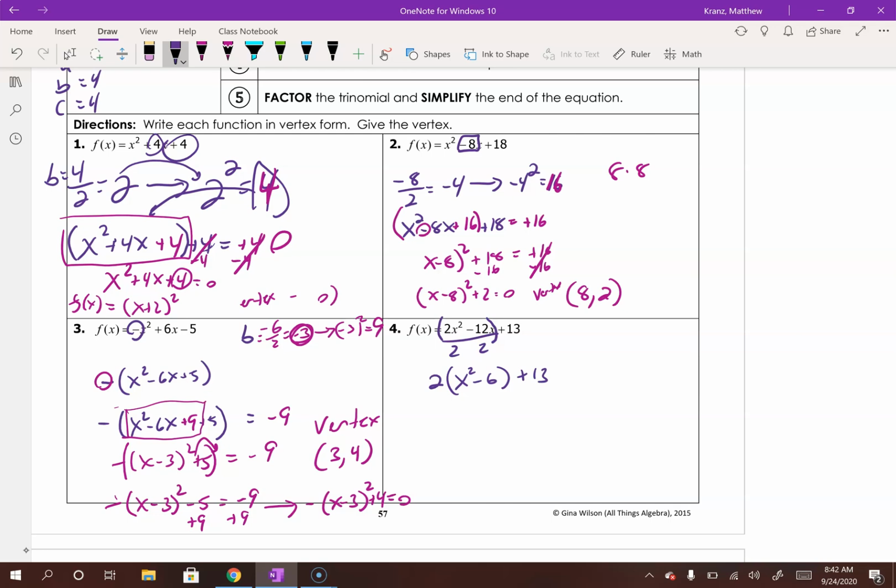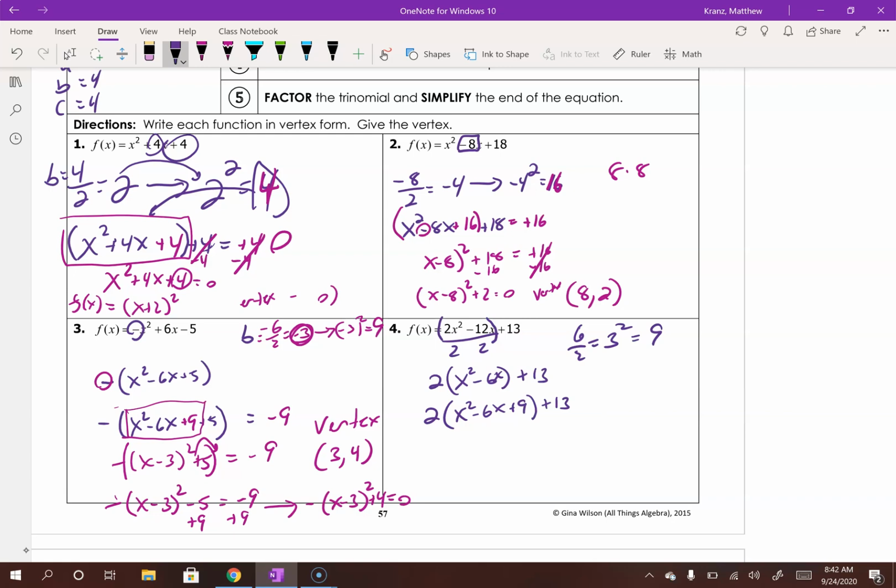All right. Now, I'm going to go ahead and take my b term, which is the 6, and I'm going to divide it by 2, which gets me 3, and square it, which gets me 9. All right. So now I have 2 x squared minus 6x plus 9 equals 13.